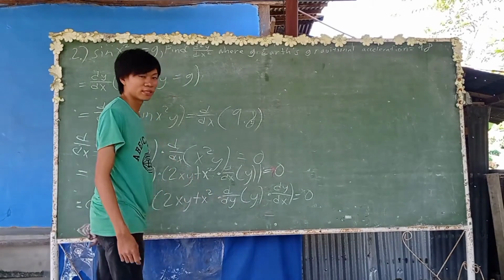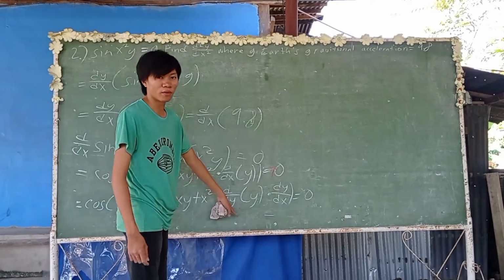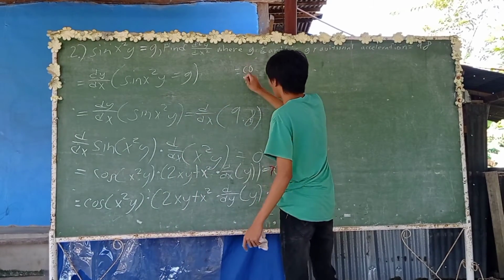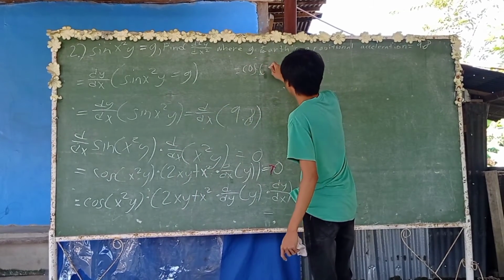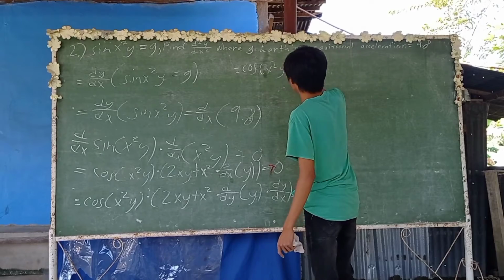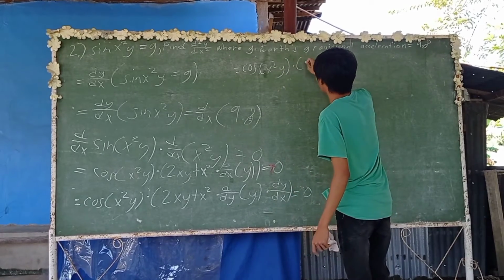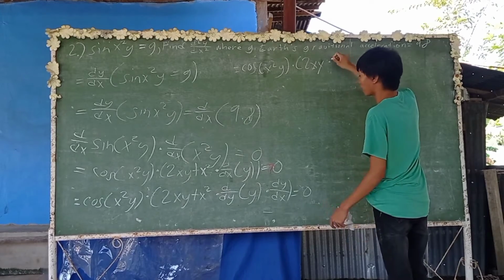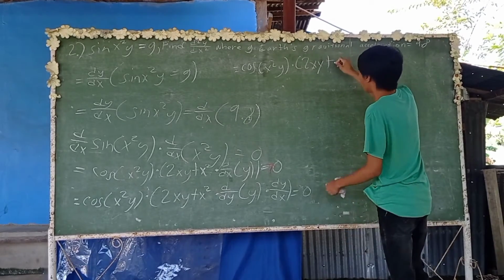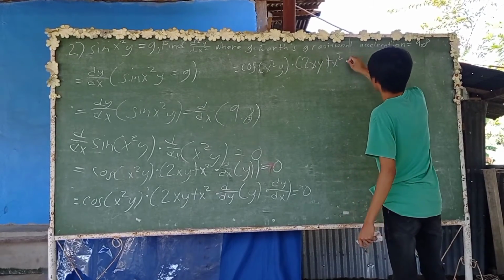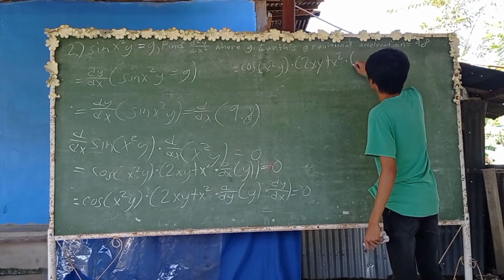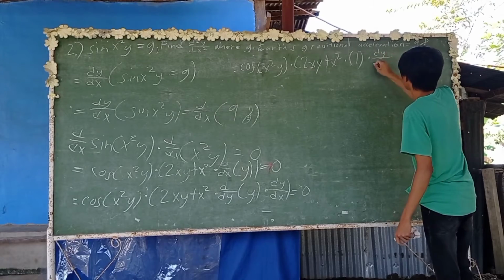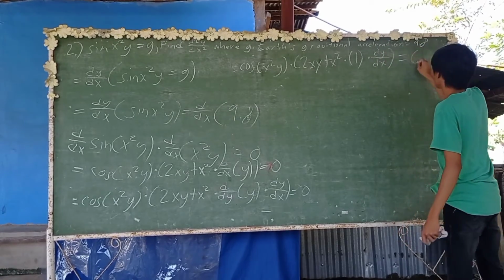Then the next process is the derivative of a variable is always 1. So cos of x squared y times 2xy plus x squared times 1 times dy over dx equals 0.